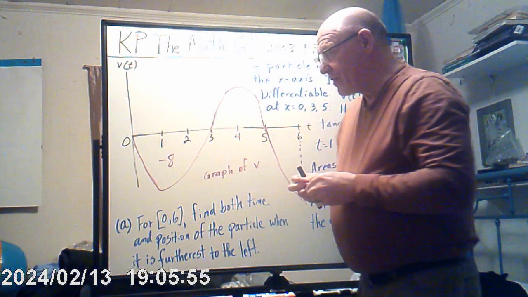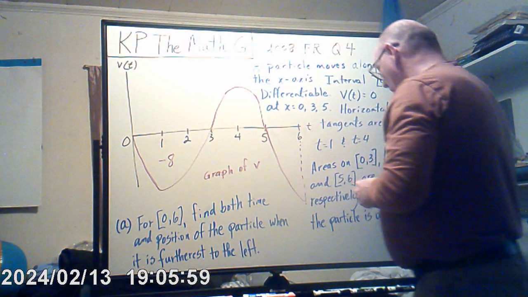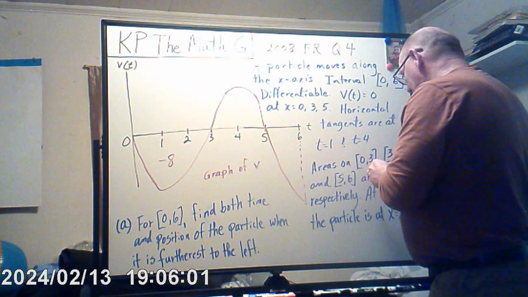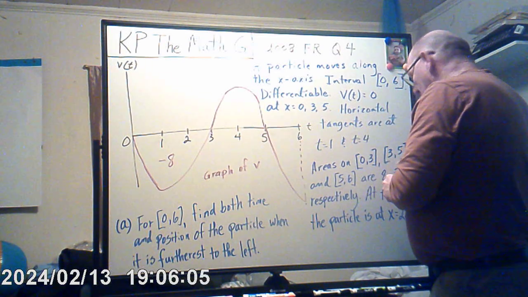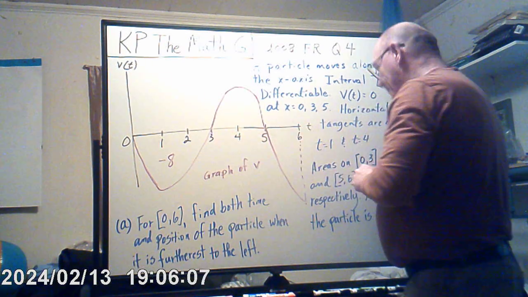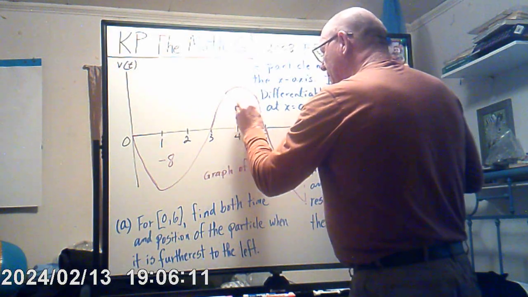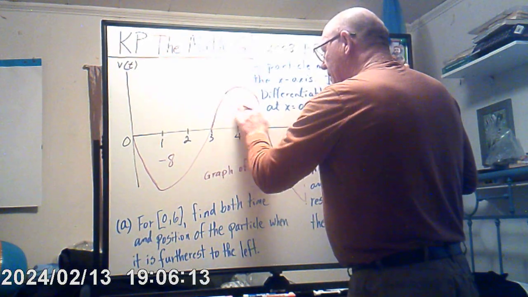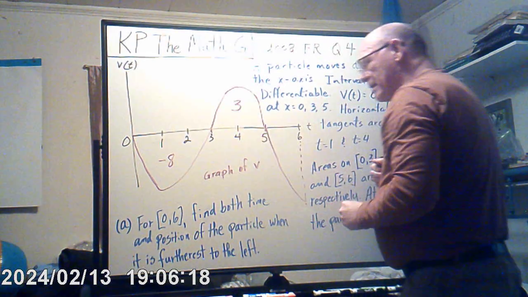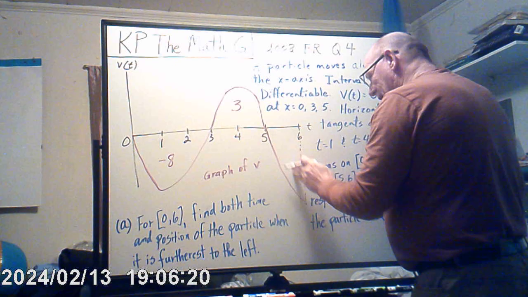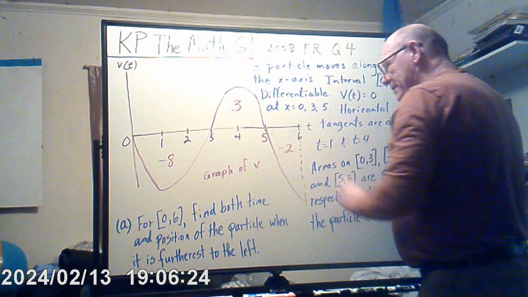On the interval from 3 to 5, this region is 3 units, and then this over here represents 2, but we want to make it negative 2.